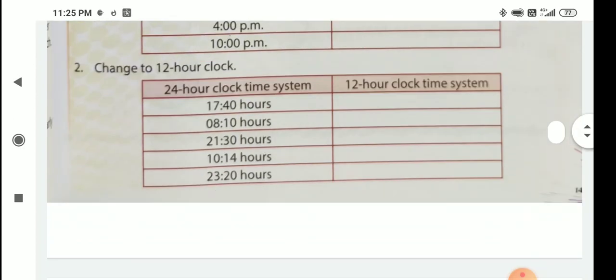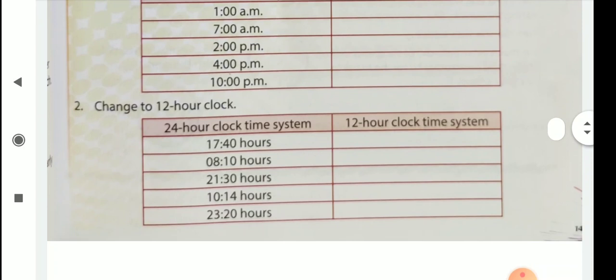Then comes to 2 number. Change to 12-hour clock. Here 24-hour clock time is given. We have to convert to 12-hour clock time. So 17:40 hours. Here 17 is more than 12. So we subtract 12 from 17:40.